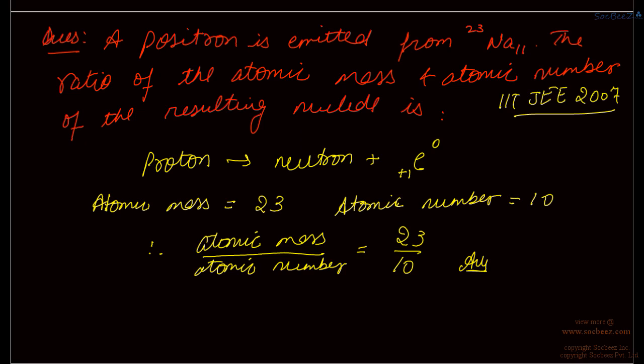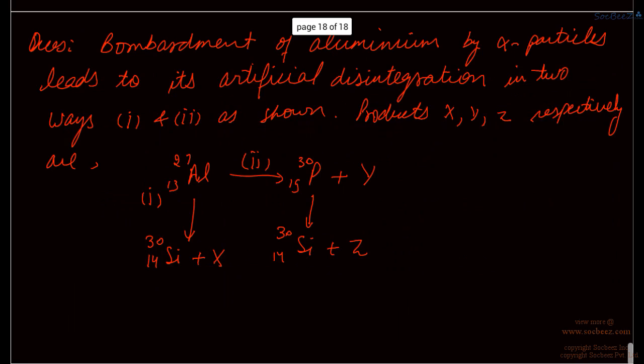Okay, so let's discuss one more question. The question says that bombardment of aluminium by alpha particle leads to its artificial disintegration in 2 ways. One is here, and 2, as shown. Products X, Y, Z respectively are. We need to find what X, Y, Z are.